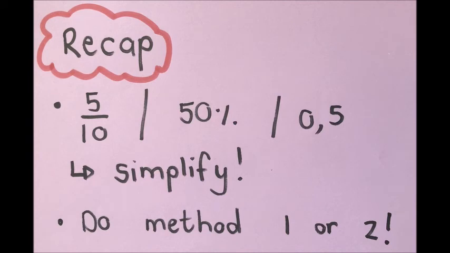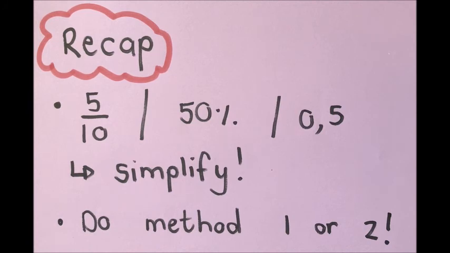So let's recap. You can either be given a fraction, you can be given a percentage, or you could be given a decimal fraction. What do you do? You simply change the percentage or the decimal fraction into a fraction. How do you change the decimal fraction into a fraction? If it's 1 place after the comma, you work with 10.